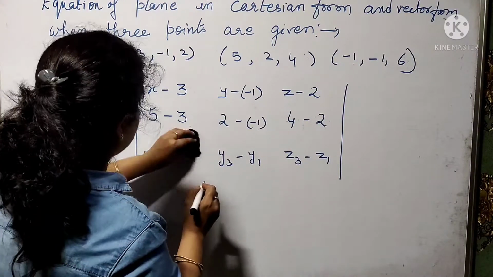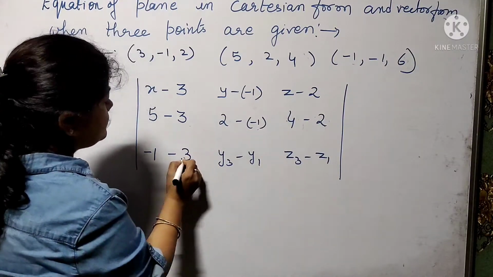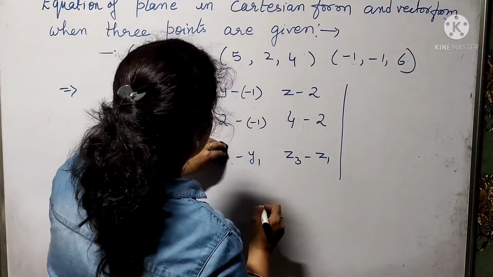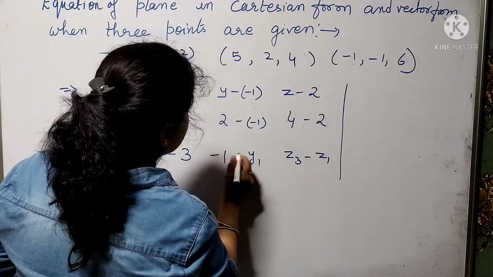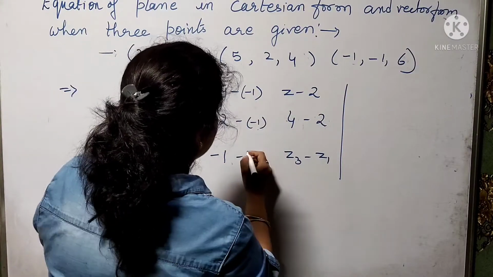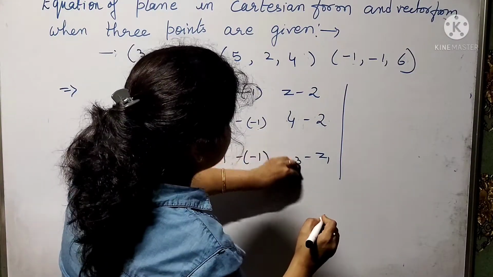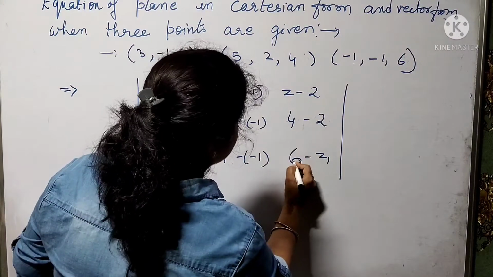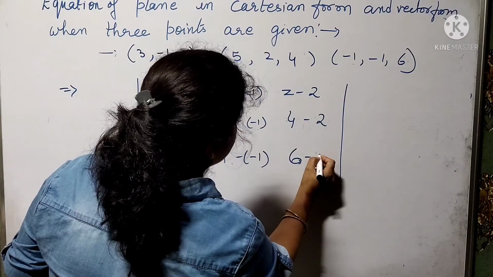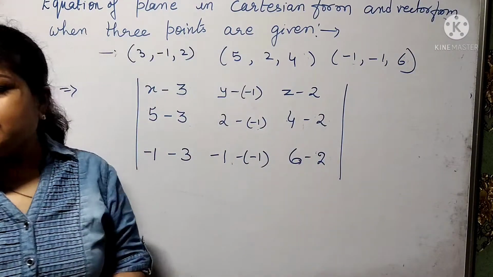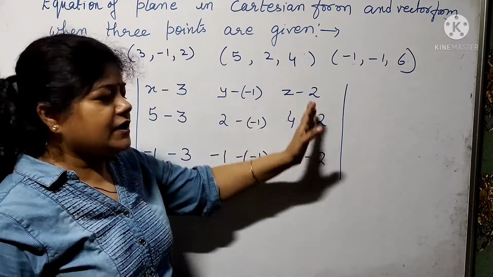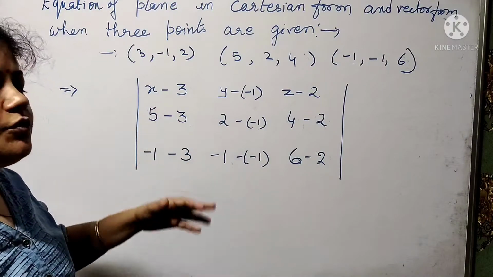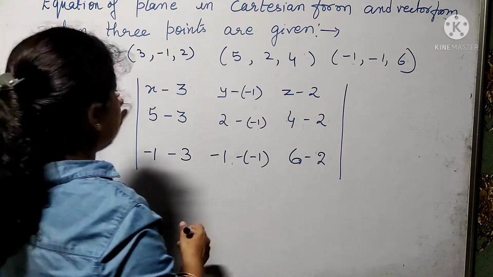Minus 1 minus 3. Similarly for y3, we have minus 1, and y1 is minus 1. Now z3 we have 6 and z1 we have 2. If we watch carefully, we can observe the same pattern. When you practice you can do it easily.